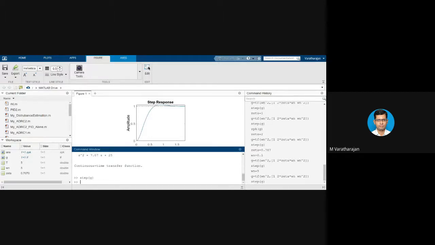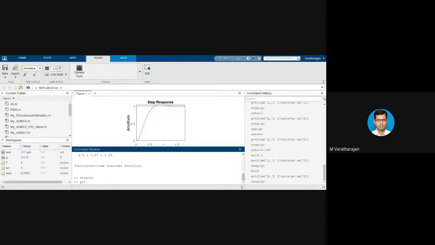And the fifth analysis: rather than changing omega n and zeta independently, the second order system is going to have two poles. So we directly enter the pole position and observe what happens in the response.